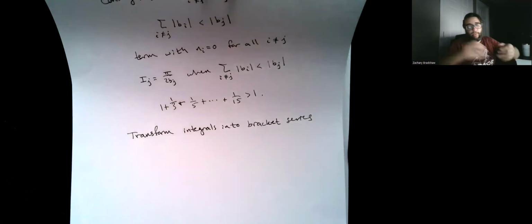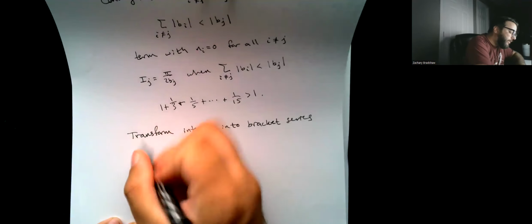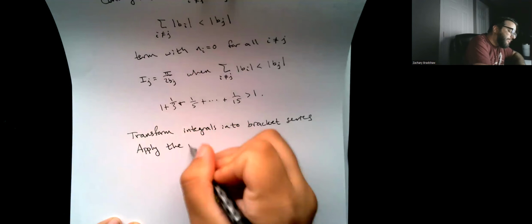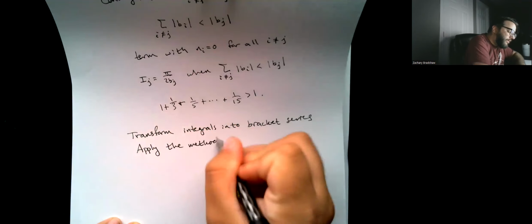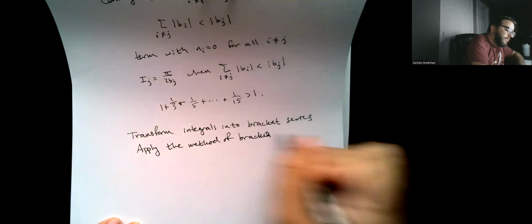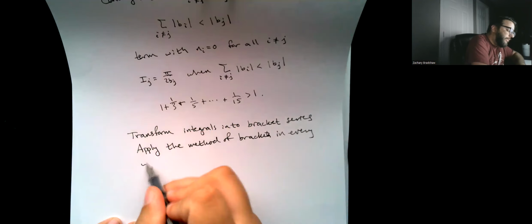How do we do that? We pull out the sums outside of the integral, and we collapse the integrals of the variables into brackets, right? Okay, what do we do with that? We apply the method of brackets in every way possible.